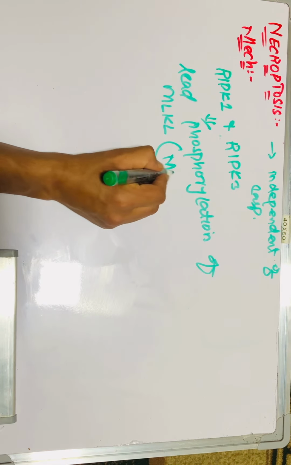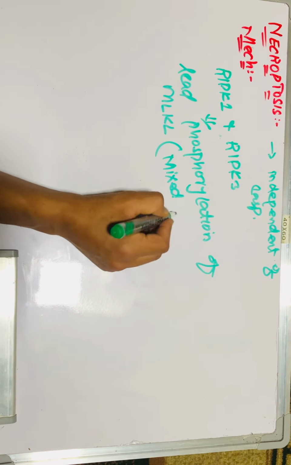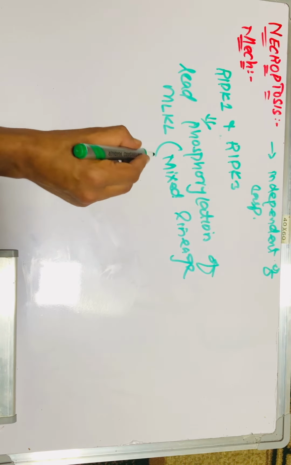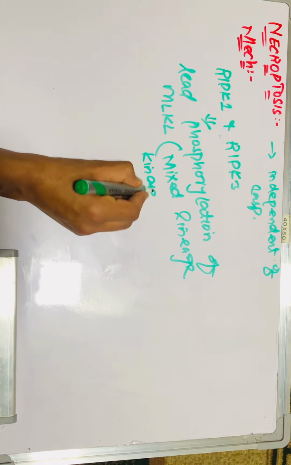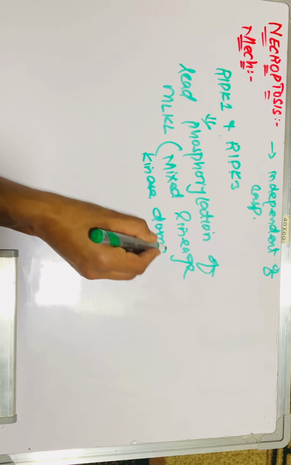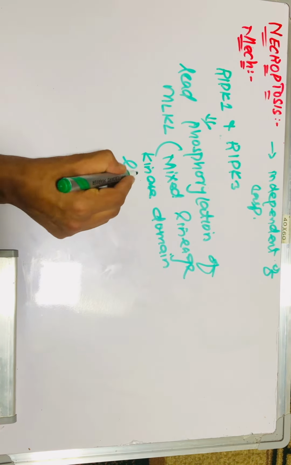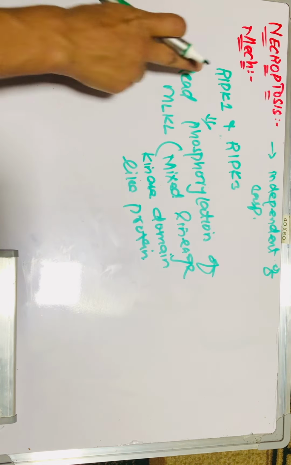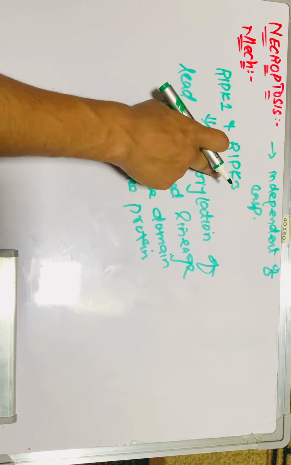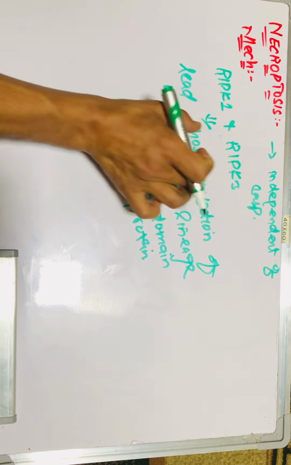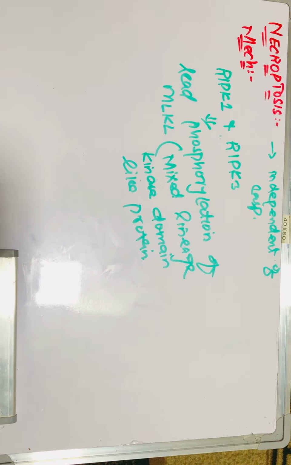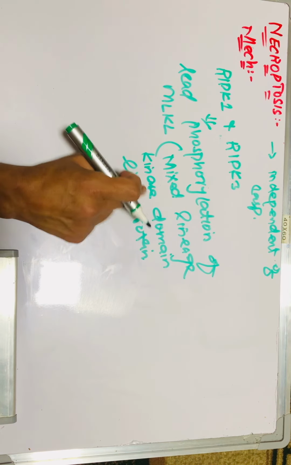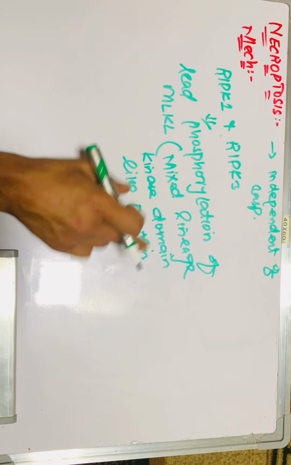This is mixed lineage kinase domain-like protein. So when RIPK1 and RIPK3 are phosphorylated, they lead to the phosphorylation of MLKL, which is a mixed lineage kinase domain-like protein.